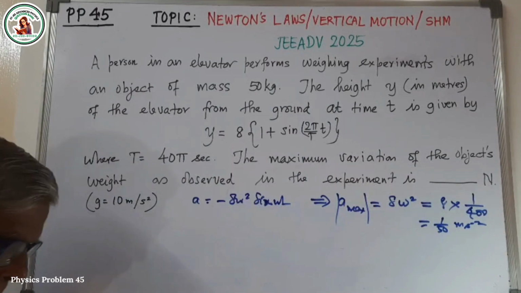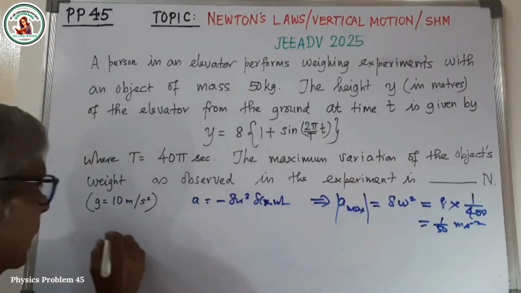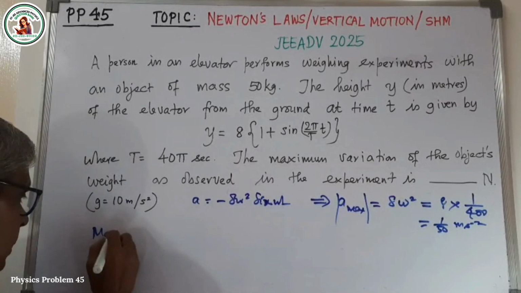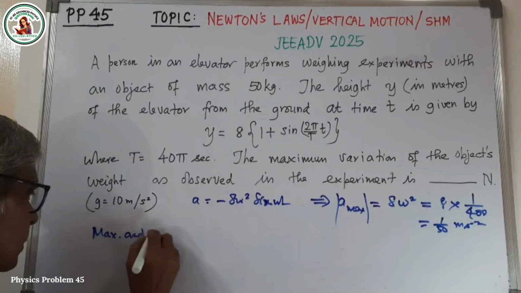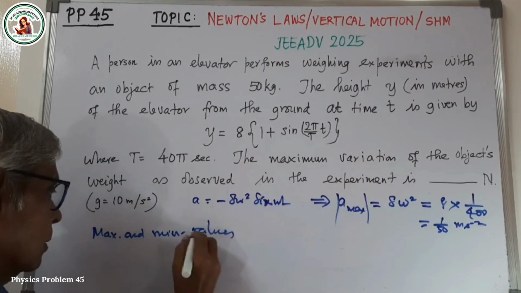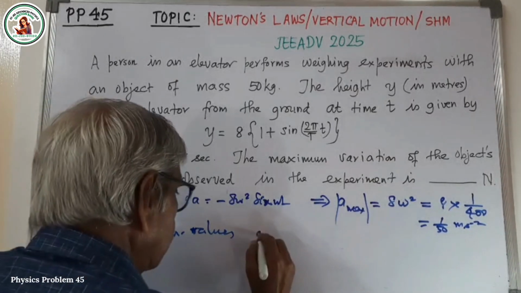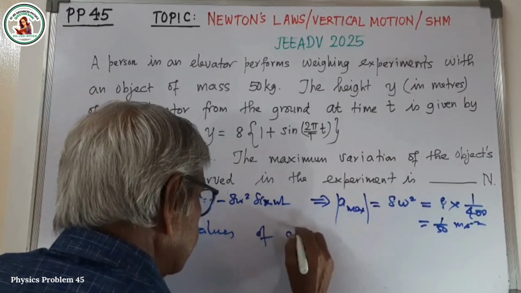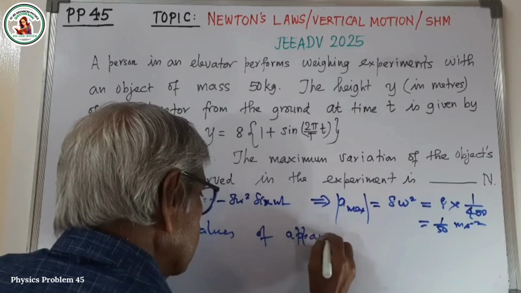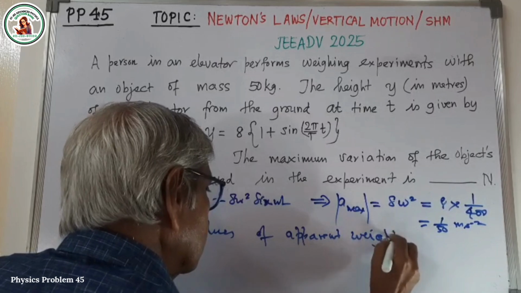Now we go by the maximum and minimum values of apparent weight.